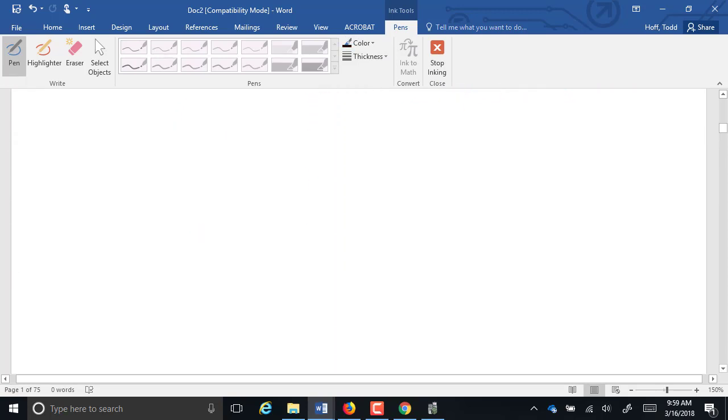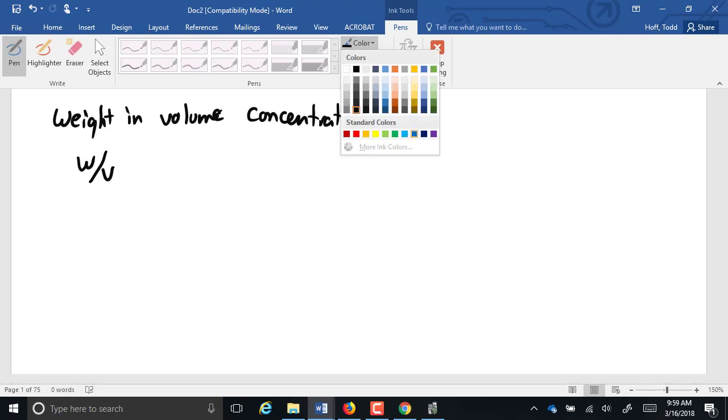The final is called weight in volume concentration. Weight in volume, abbreviated W/V.